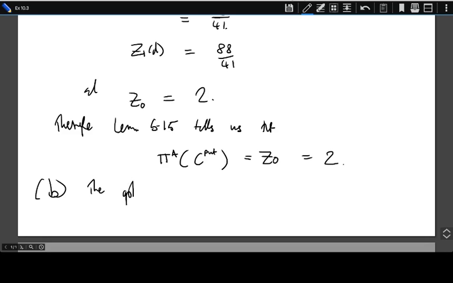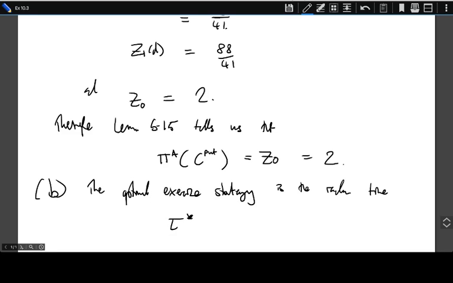The optimal exercise strategy, which we know exists because we're in an arbitrage-free setup, is the random time tau star, which is the first time in our time interval such that the Snell envelope has the same value as the discounted option price.